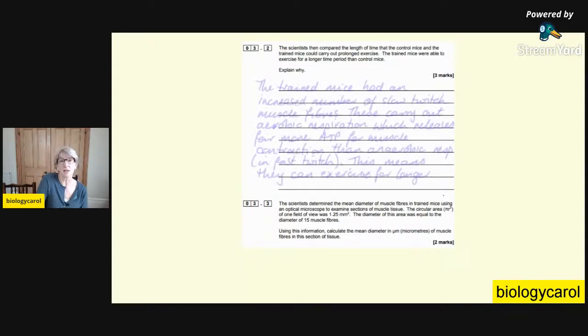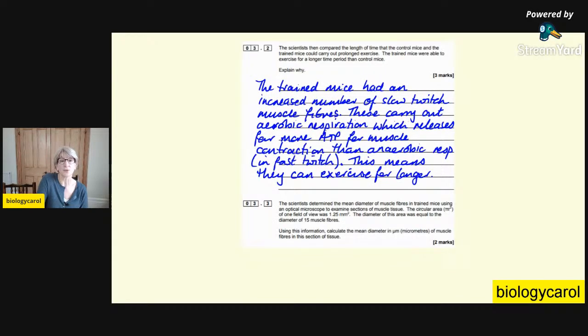That is pretty much what I put, which releases more ATP for muscle contraction. Notice that my brain is doing that whole link between exercise, ATP, muscle contraction and respiration. Than anaerobic respiration in fast twitch. This means they can exercise for longer.